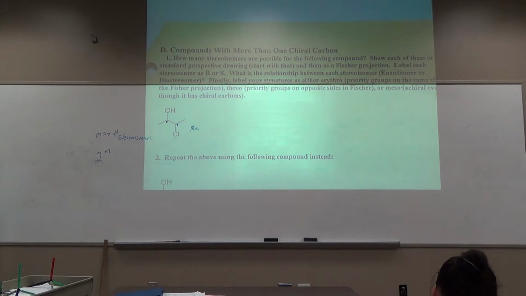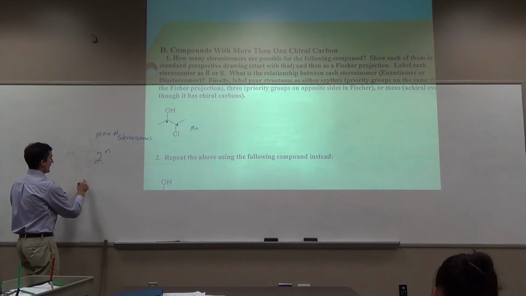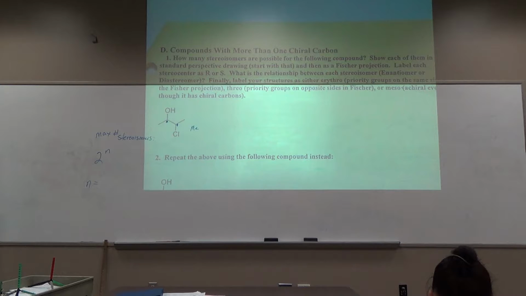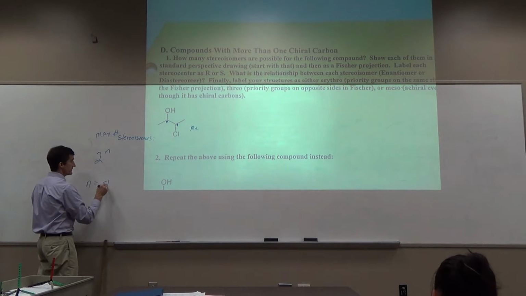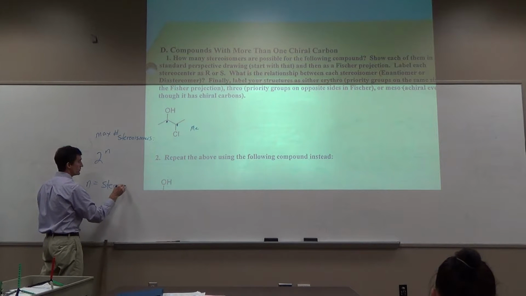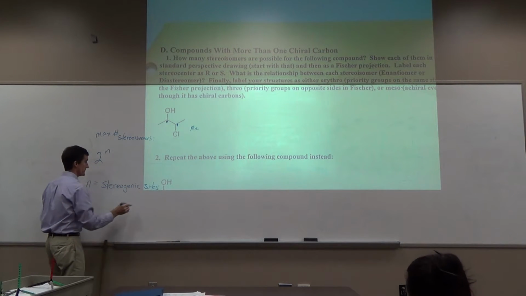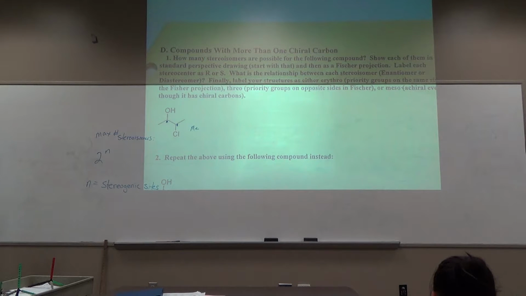What is n? N equals, it's more than just chiral carbons. Chiral carbon is an example of what it could be. Stereogenic sites. Because we have more than just chiral carbon. What's another type of stereogenic site?